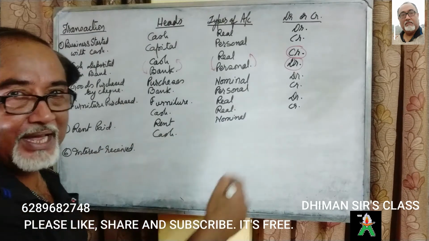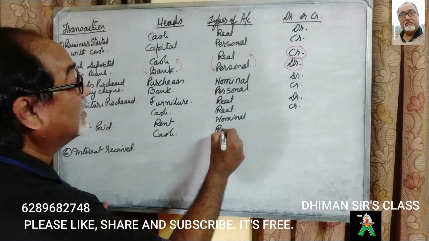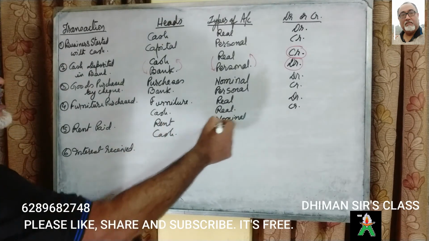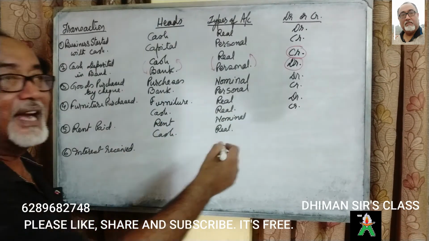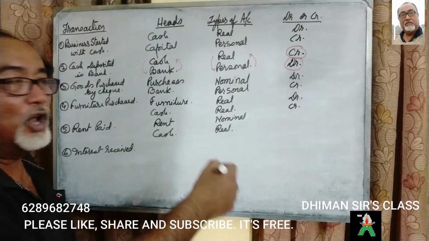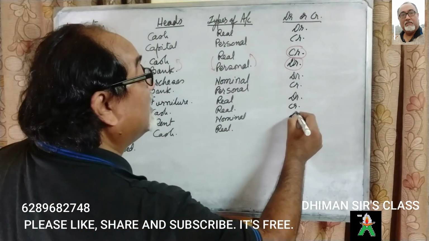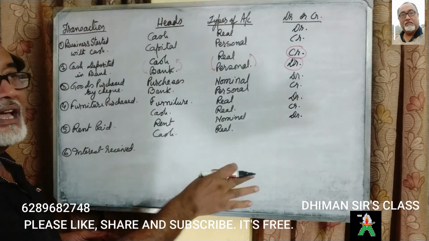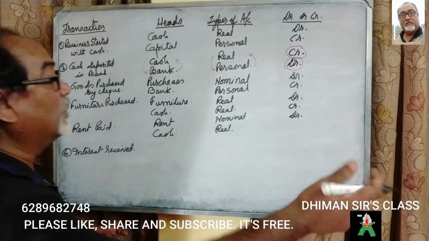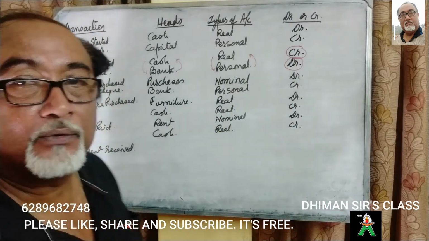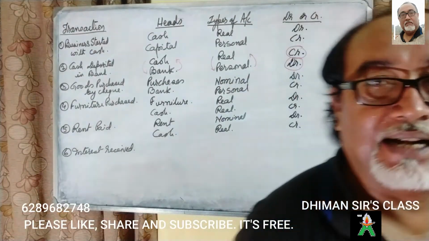And cash is going out, it comes under real account. Under nominal account, rent is an expenditure, and the rule says debit all losses and expenses, so it will be debit. And cash is going out, real account says credit what goes out, therefore cash will be credited.